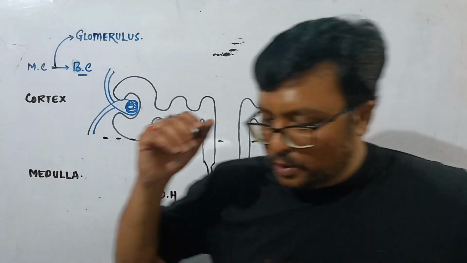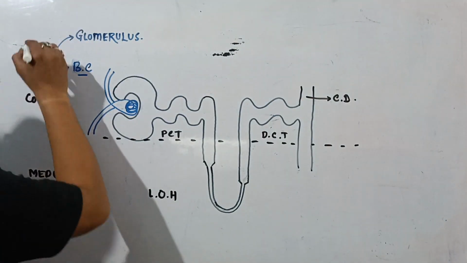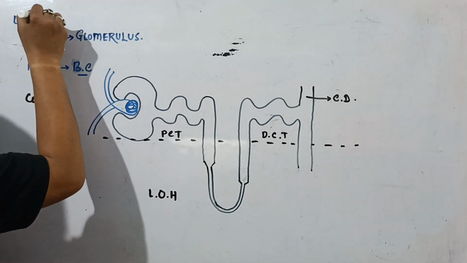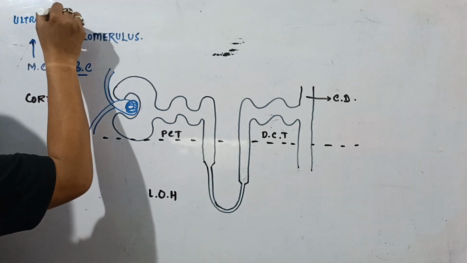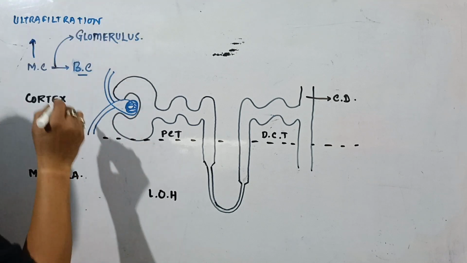We have already discussed that ultrafiltration takes place through the Malpighian corpuscles.